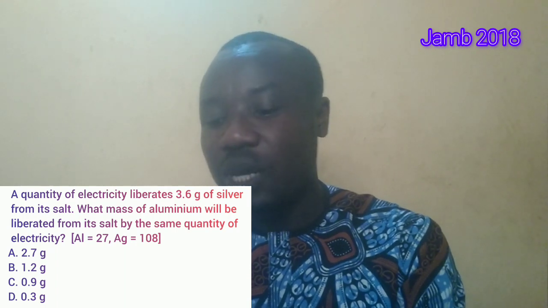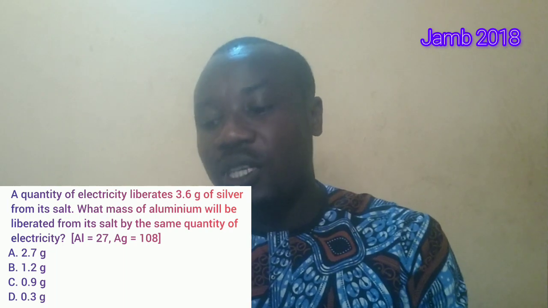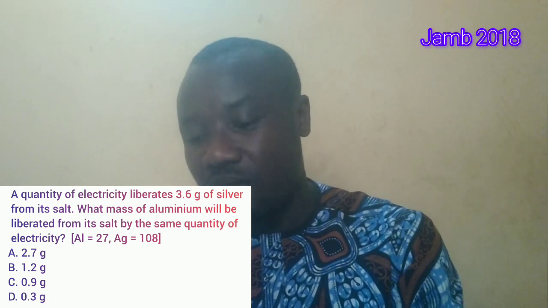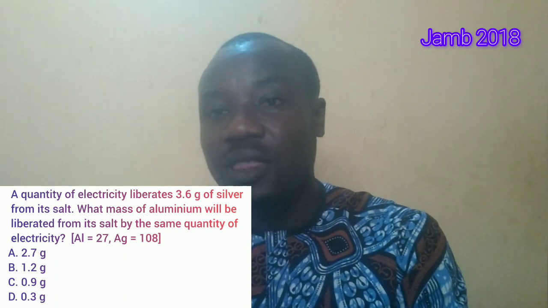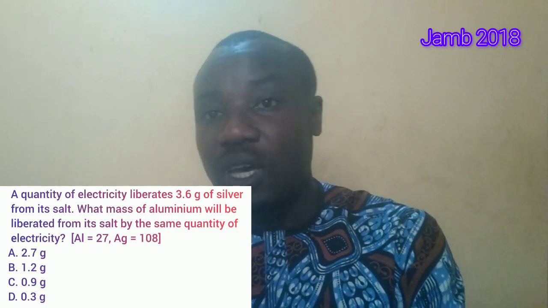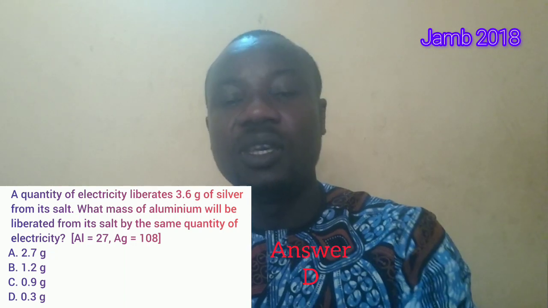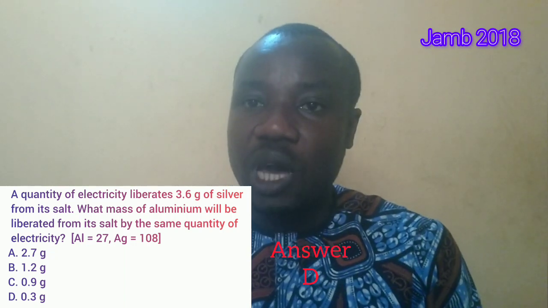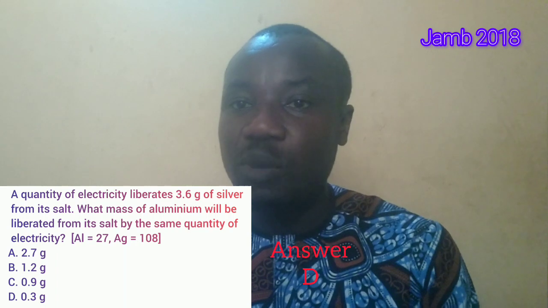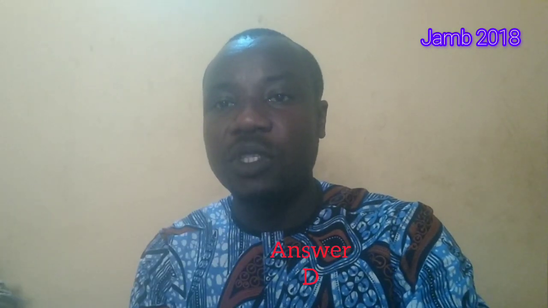You now have S gram equal to 27 times 3,216.667 divided by 3 times 96,500. When you solve, you discover that you have 0.3 gram. That is the correct answer. The answer is D. So be very careful how you equate. You should know the number of charges that will be deposited or liberated. If not, you surely miss it.